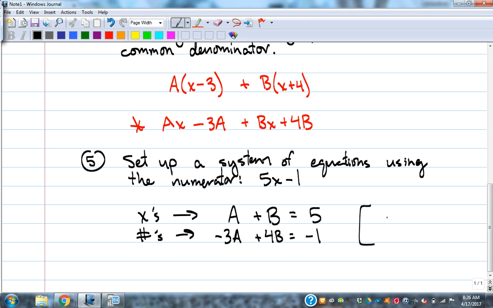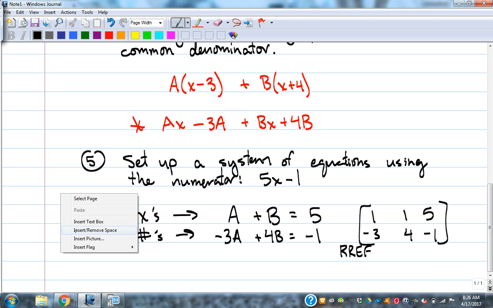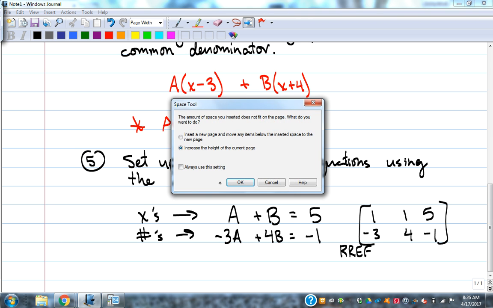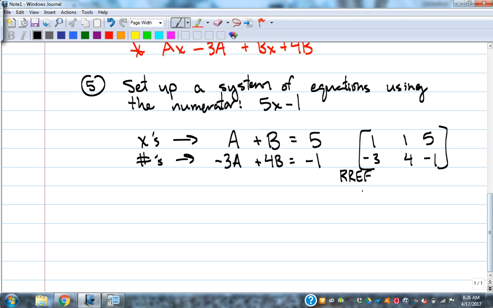So if we did a matrix with 1, 1, 5, negative 3, 4, negative 1, and then did RREF to that, that gets us 1, 0, 0, 1, and then what?